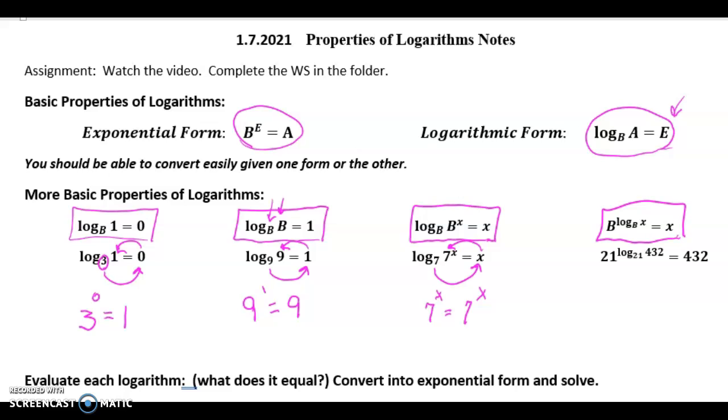It's B to the log base B of x is equal to x. I call this the Nike rule because just do it. There's nothing to it. If you have 21 to the log base 21 of 432, there's no work to it. Your answer is 432. So x would equal 432.